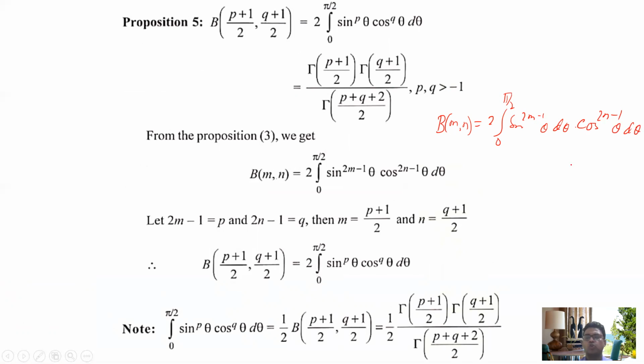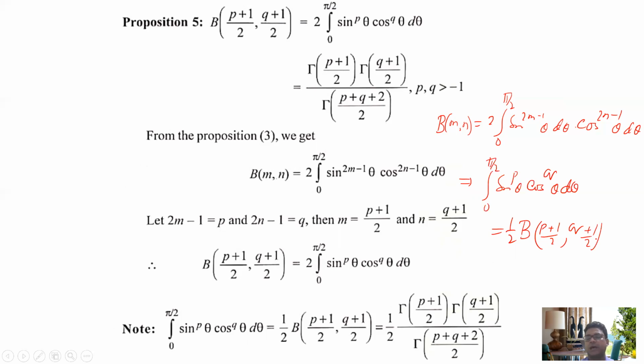Okay, so this is another extension part. Ultimately, the integral from 0 to pi by 2 of sine to the power p theta cos to the power q theta d theta is equal to half beta. What you are doing is considering 2m minus 1 is equal to p. What is m? m is equal to p plus 1 by 2. What is n? q plus 1 by 2.